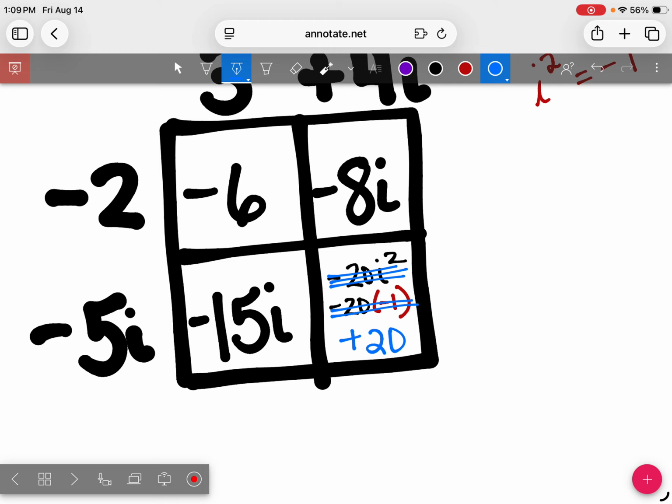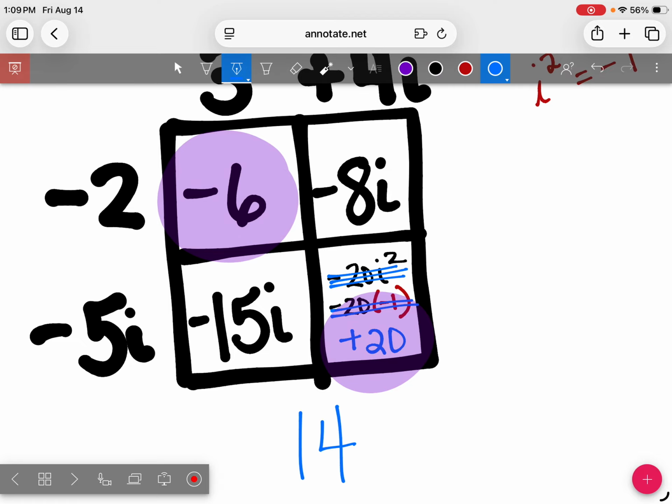Now I'm ready to combine my like terms. So when I combine it, I always start with my real numbers. So those are my 2 real numbers. Add those together. So you have negative 6 plus 20, which is 14.